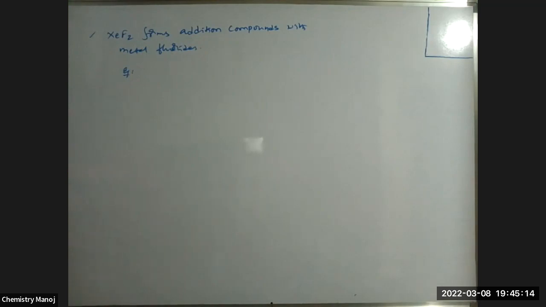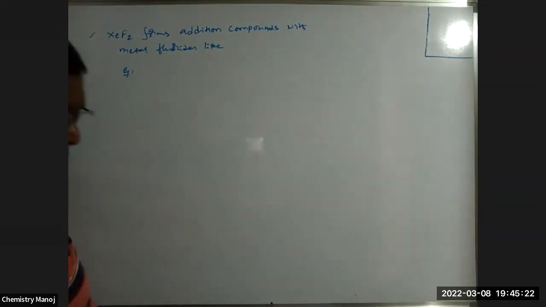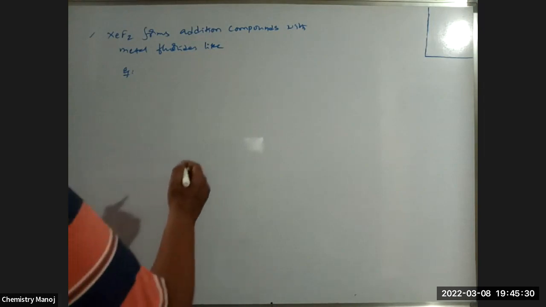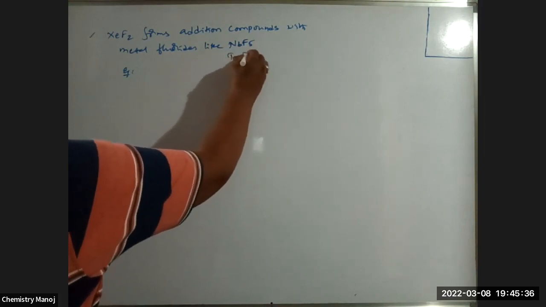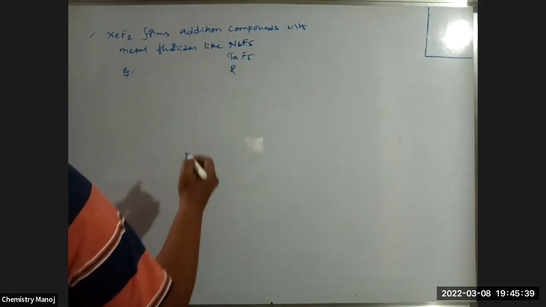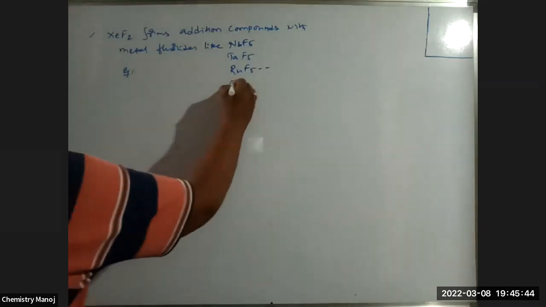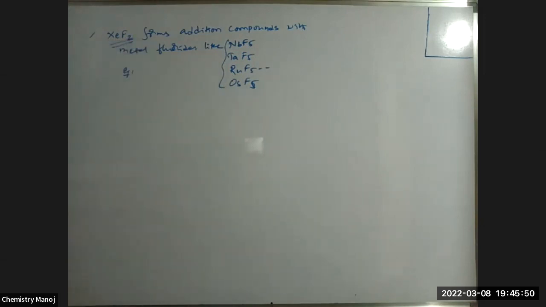Example, d block metal fluorides, particularly niobium NbF5, TaF5, RuF5 ruthenium, and osmium OsF5. With these fluorides, XeF2 gives addition compounds.